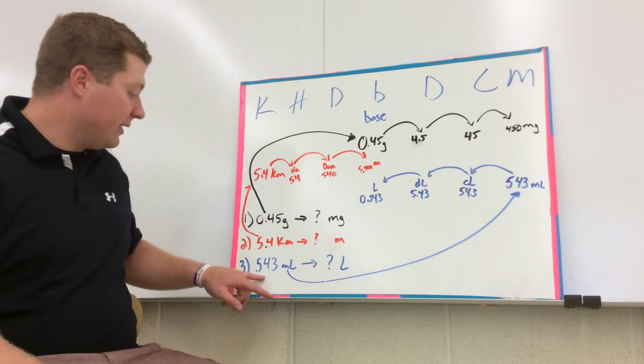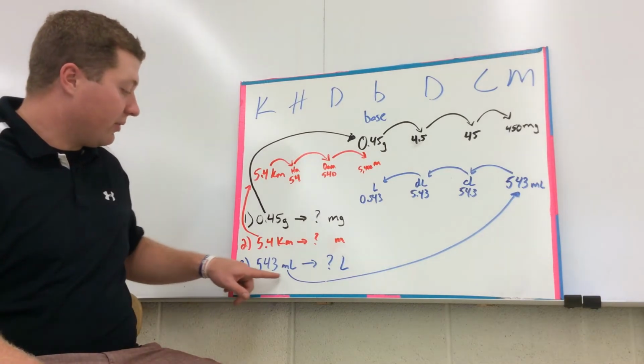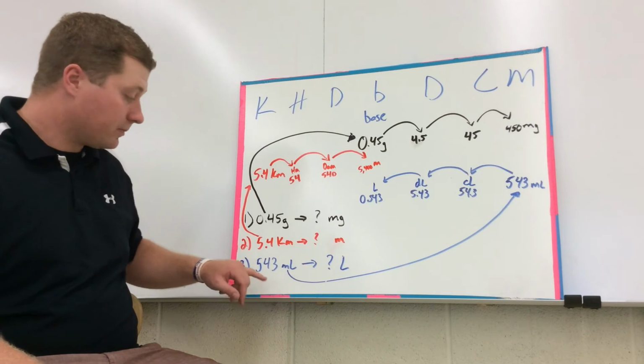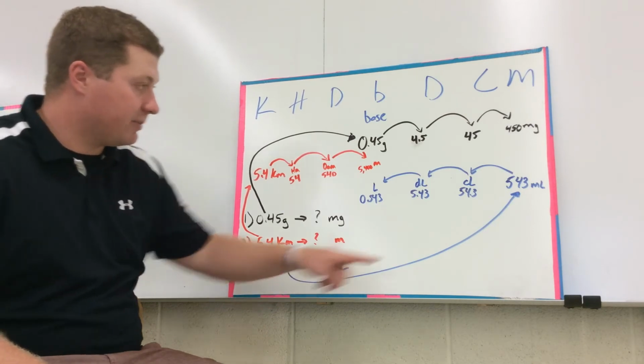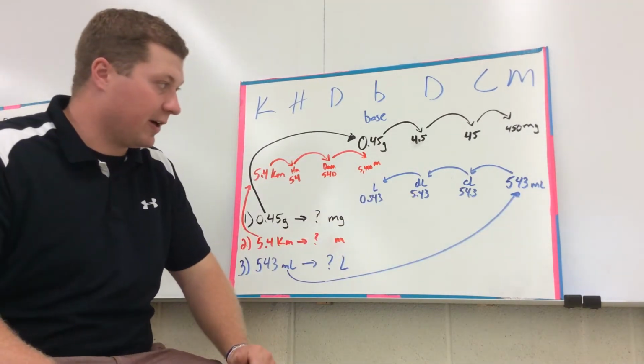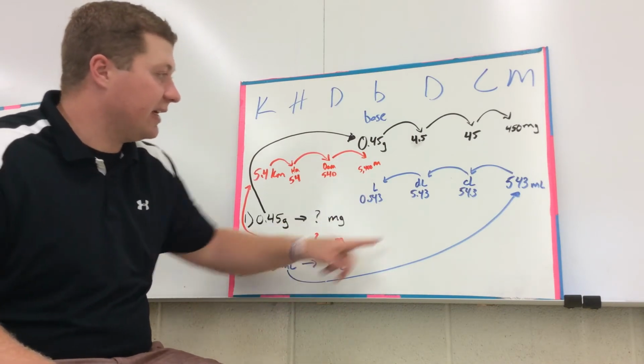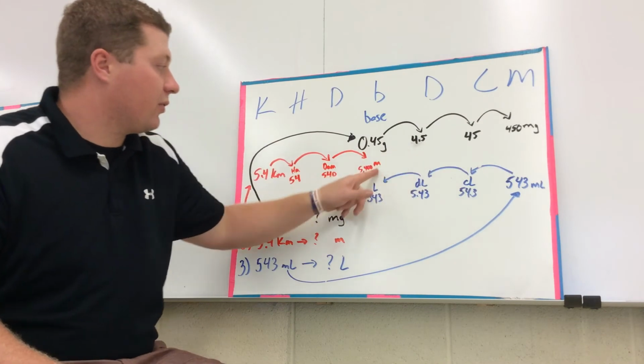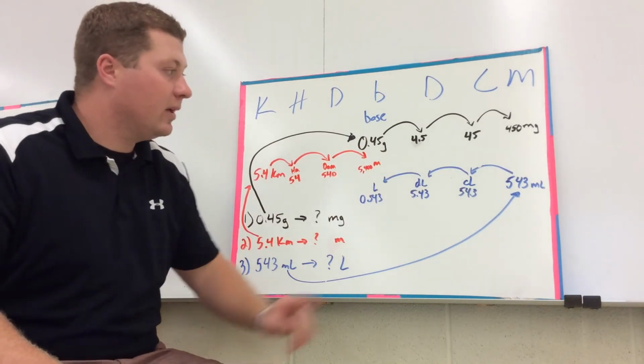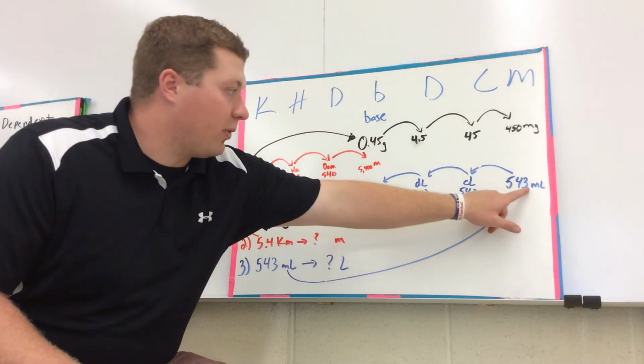The third example I do here is 543 milliliters to liters. So 543 milliliters belongs right here on the chart. That's where we start. Now we're jumping to the left. Since it's milliliters to liters, it's 1, 2, 3 jumps to the base unit. In this case, the decimal point is right after the 3.